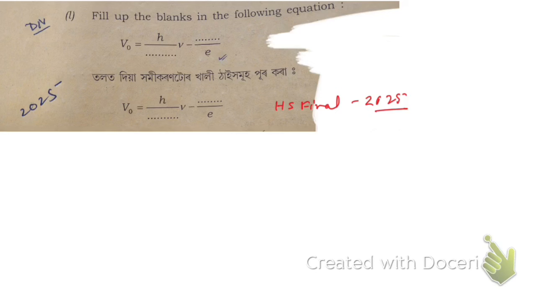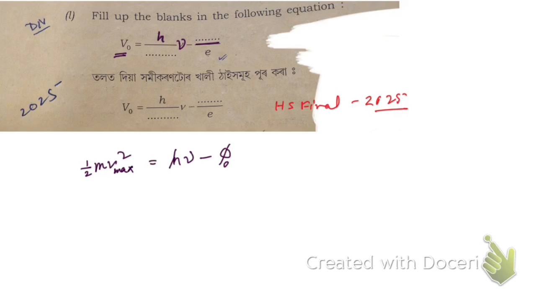So here you see V naught is equal to h nu divided by e, minus phi naught divided by e. Now you know Einstein's photoelectric equation, that is half m v max squared, the maximum kinetic energy, is equal to h nu minus the work function phi naught, right?